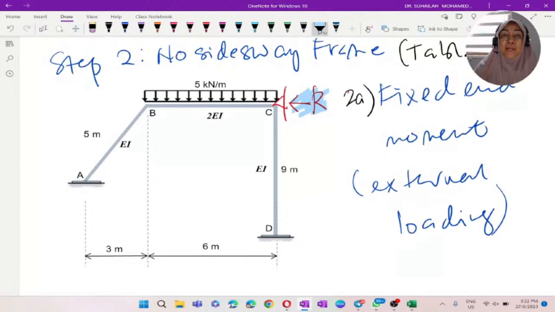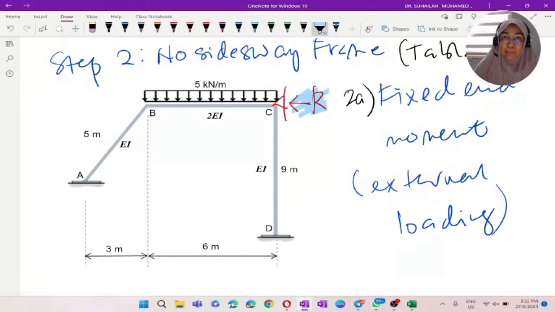Remember, we only calculate fixed end moment whenever the member is subjected to loading on the member or along the member. Okay, member BC has UDL along the member. Member CD has no load. So we will get fixed end moment from member BC only.